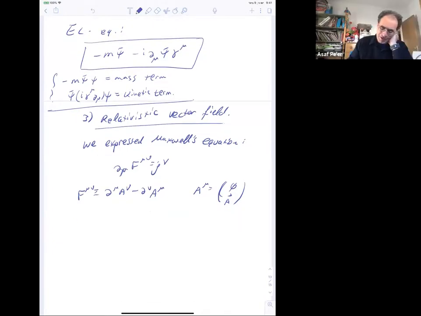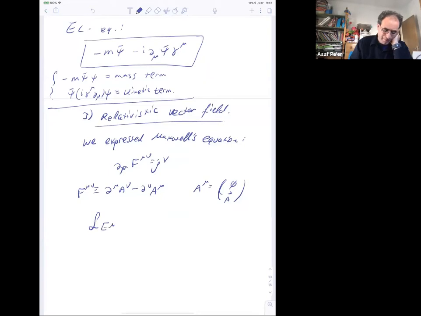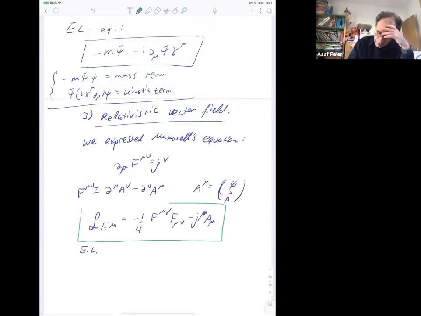Good. So the Lagrangian of the electromagnetic term would be minus 1/4 F mu nu F mu nu minus J mu A mu. Right? And take the Euler Lagrange equation. What do you get back? You don't need to do the full derivation.